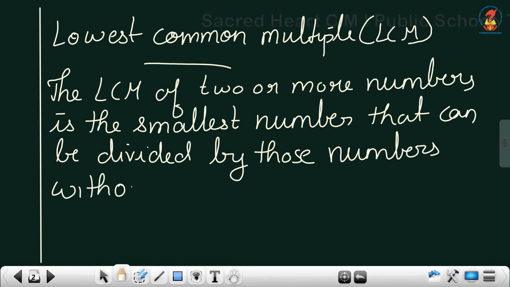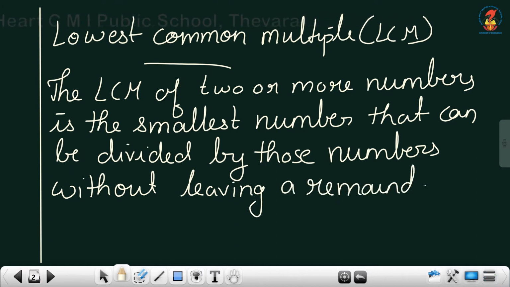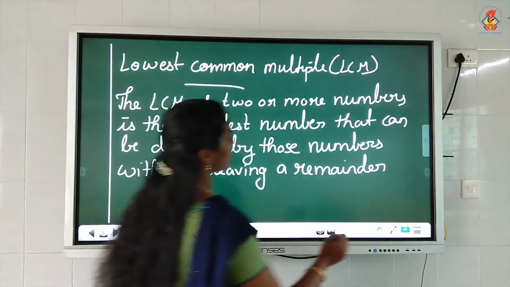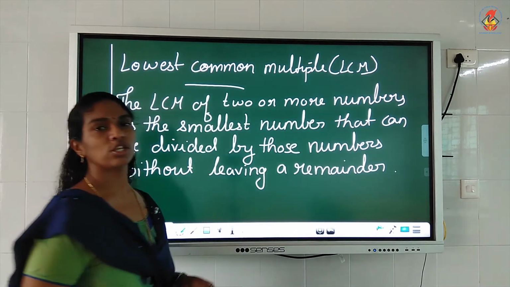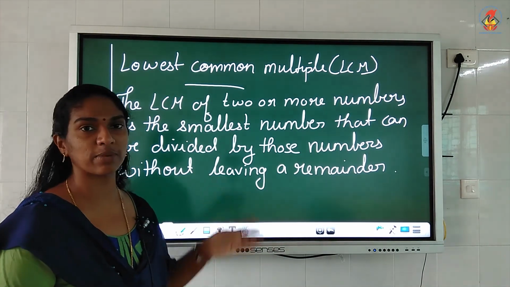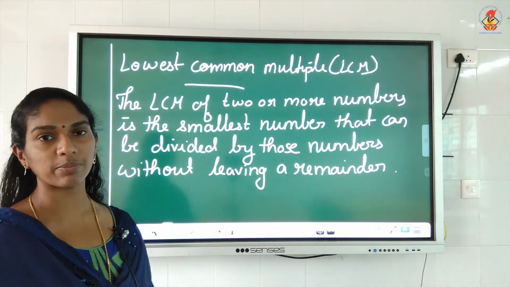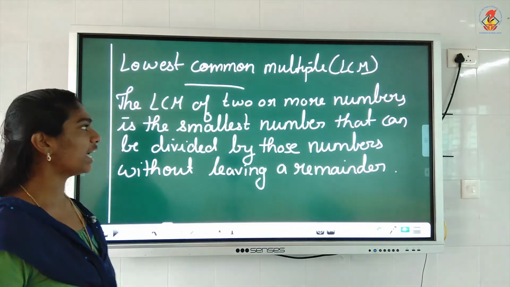Same like HCF, you should not leave a remainder. Remainder has to be 0. It's the same idea as HCF. In HCF, you have to find the greatest number so that when it divides, your remainder will be 0. When it comes to LCM, you have to take the lowest common multiple, so that when you divide the numbers, remainder will be 0. So that is meant by LCM.